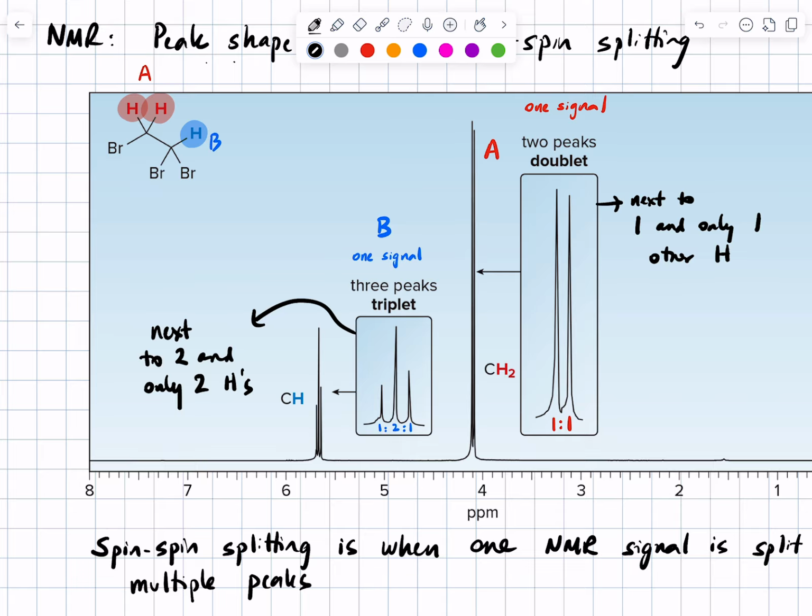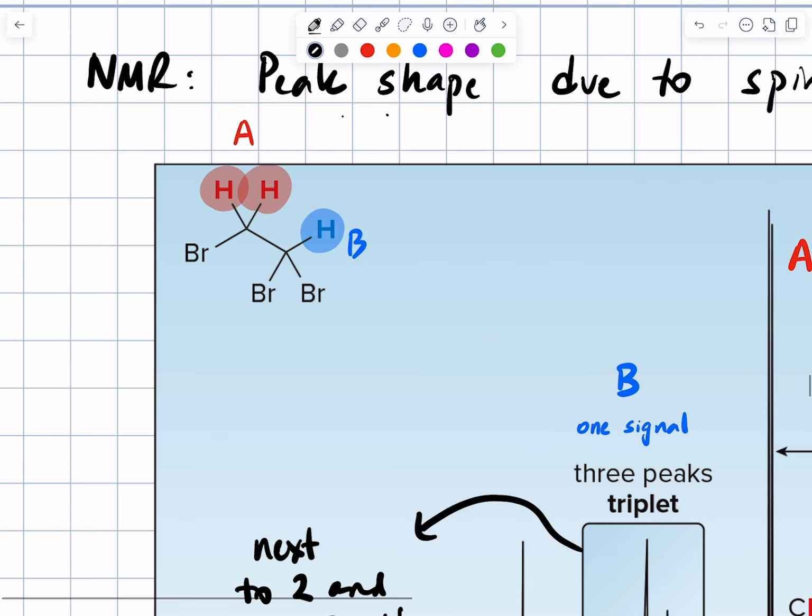Now, why is it that way? That's going to take a little bit of explaining, and it's going to take longer than 30 seconds, but we'll do our best. We're going to imagine for the moment that we are proton A. We're standing on that carbon, and we're looking around us to see what the environment is.